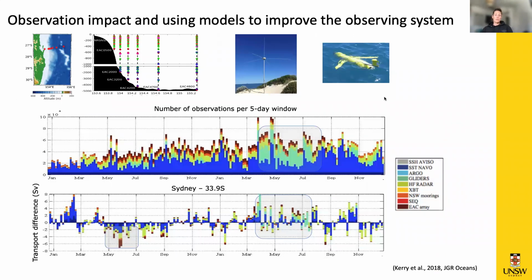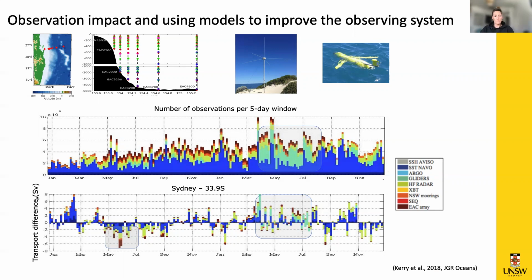So we can use the 4D-Var data assimilation system to understand observation impact directly using the adjoint of the assimilation procedure, which is saved out when we perform the 4D-Var. So this is an example showing the number of observations per 5-day assimilation window, and then the impact of each observation platform on estimates of transport offshore of Sydney.